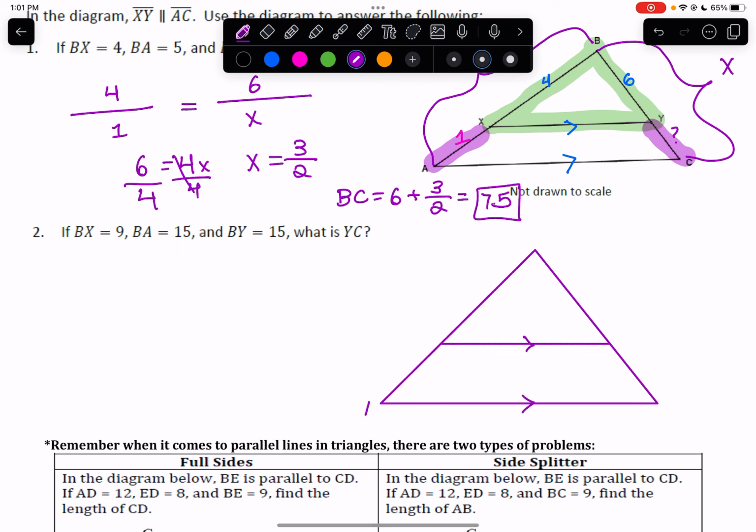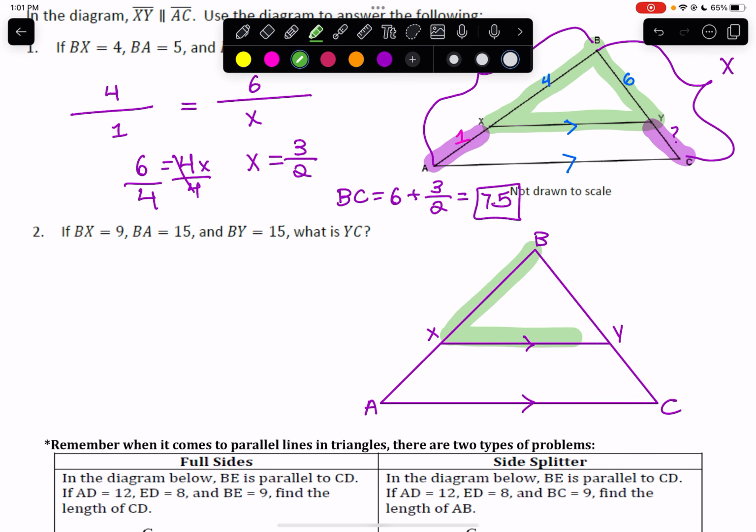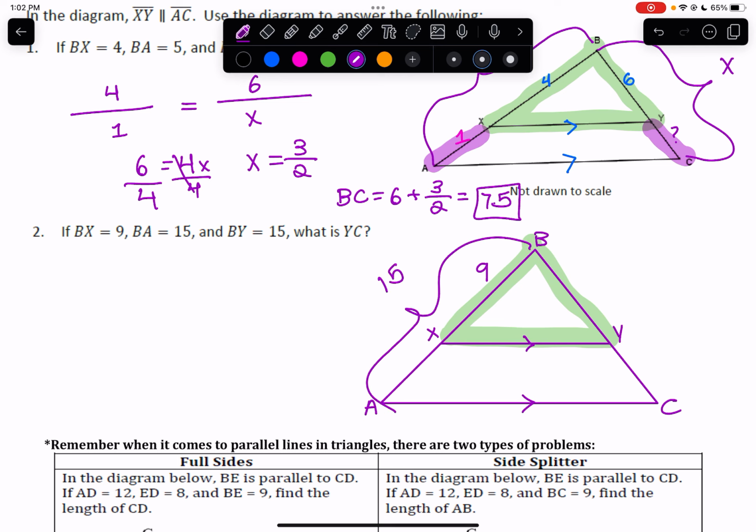Let's label A, X, B, Y, and C. BX is a part of the top triangle, so BX is now equal to 9, BA, the entire side, is 15, and BY is 15. What is YC?